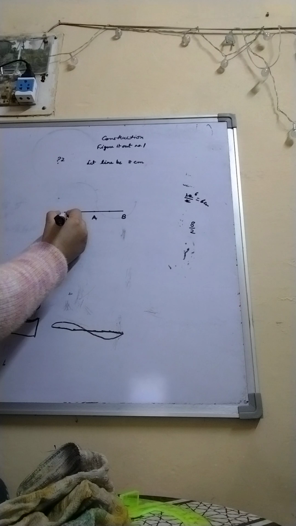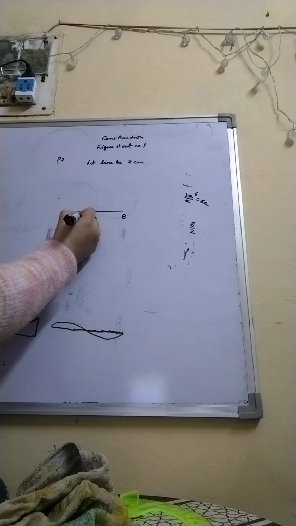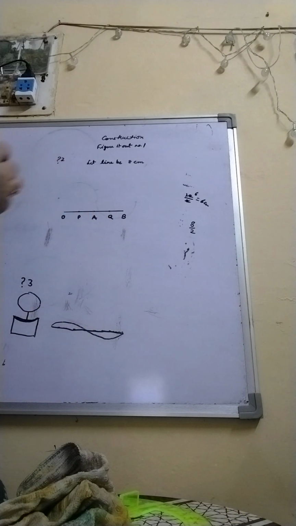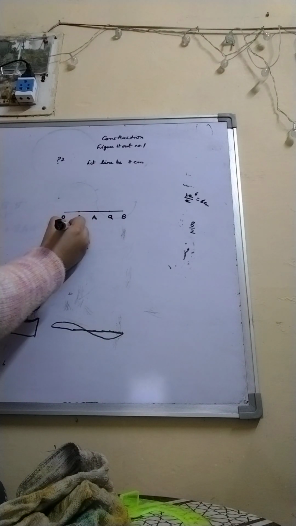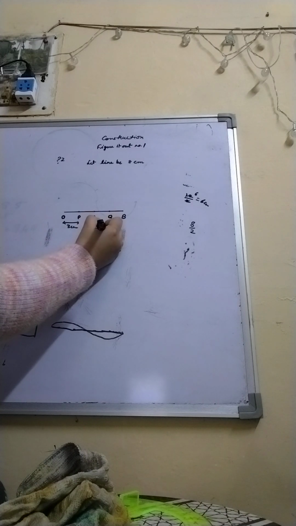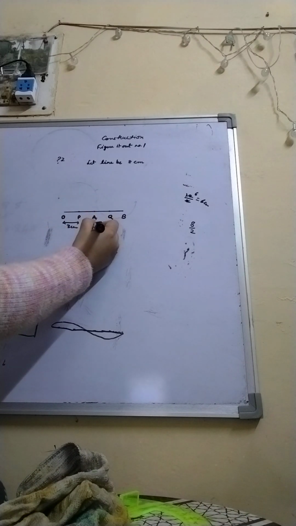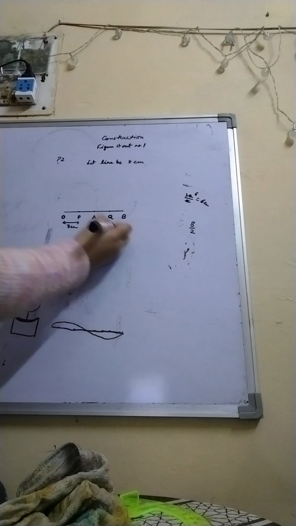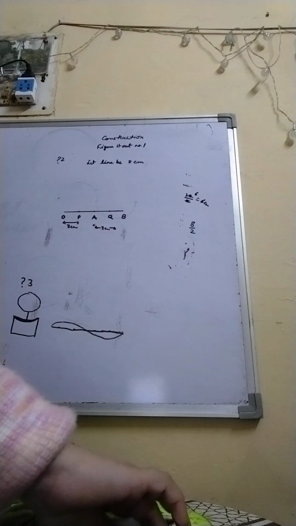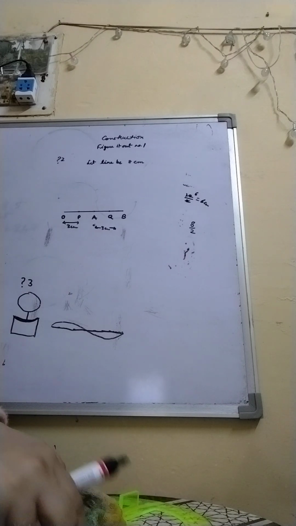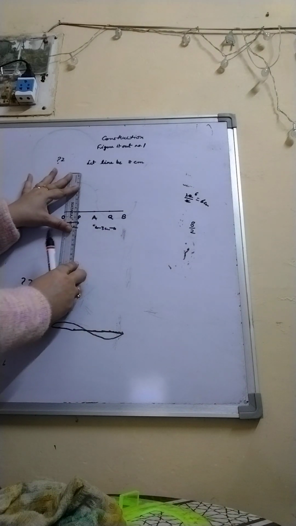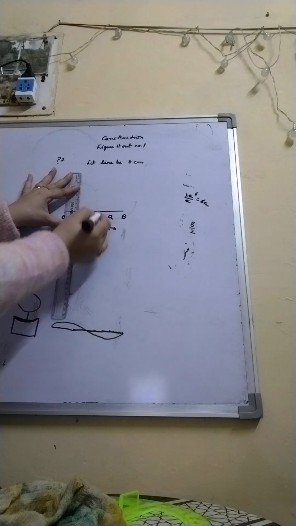Both the halves are 3 centimeter away from O. This is 3 centimeter, and this is also 3 centimeter. Now to draw a shorter wave, what we have to do is take the center somewhere else. Center somewhere else means you have to draw the wave above.